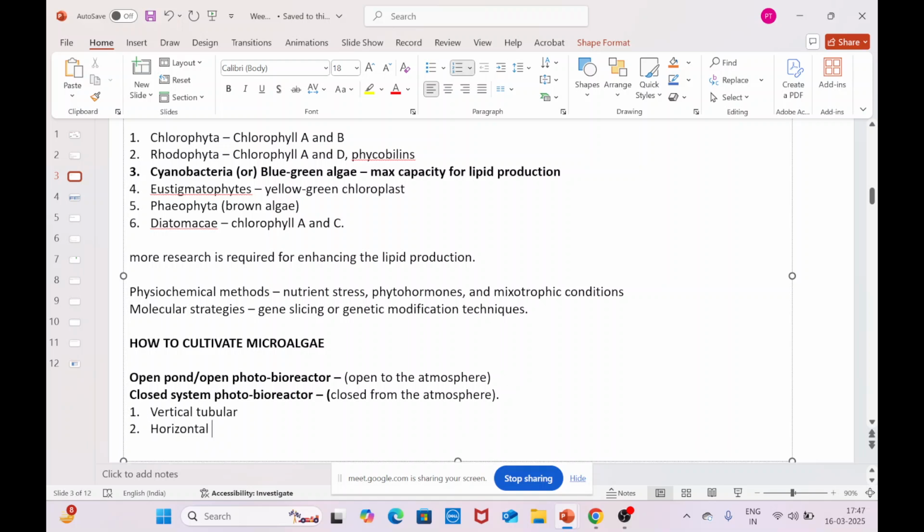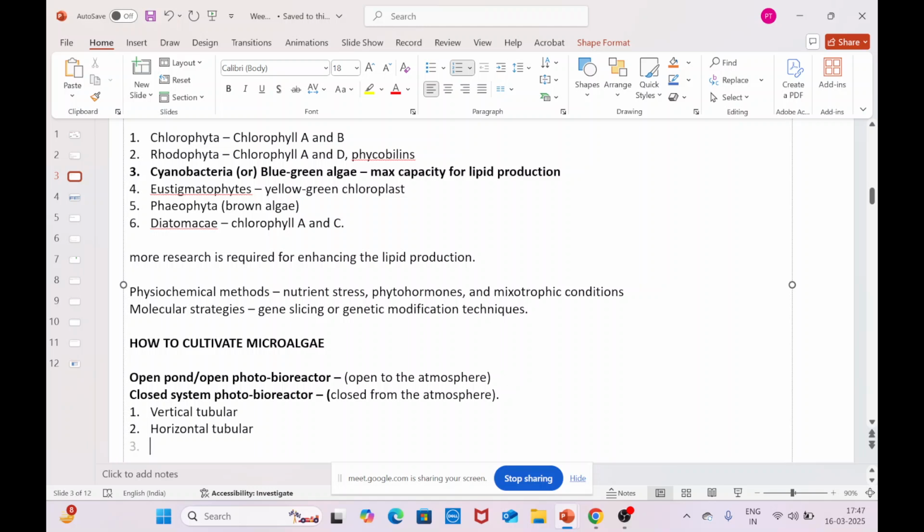In case of the vertical tubular, the tubes that the system uses are usually placed in a vertical manner, and in case of the horizontal tubular, the tubes are placed in a horizontal manner. The tubes carry both the input and the output. The output will be your microalgae, because the cultivation of the microalgae happens there, and the input will be the nutrient requirements and other materials.